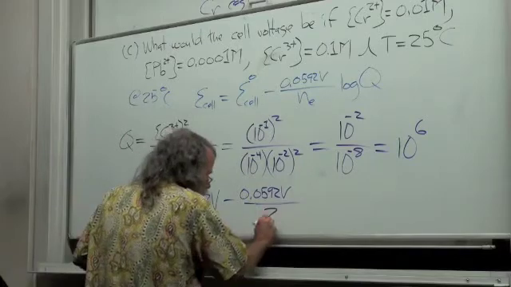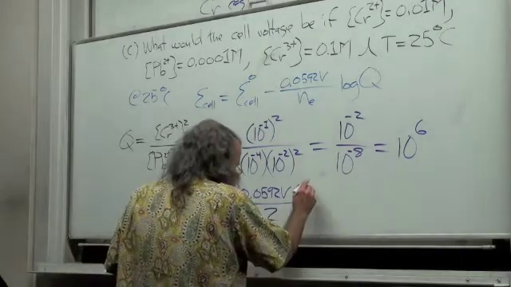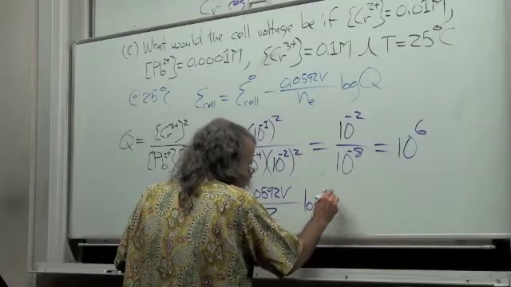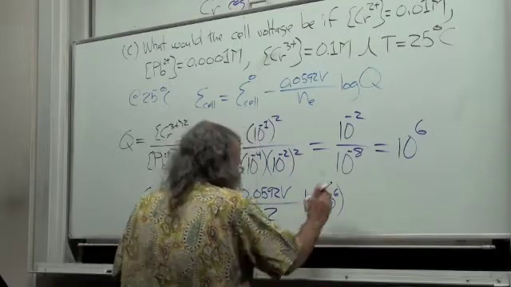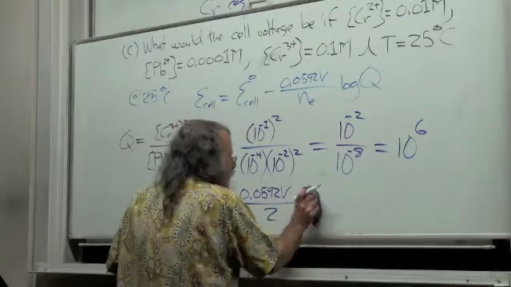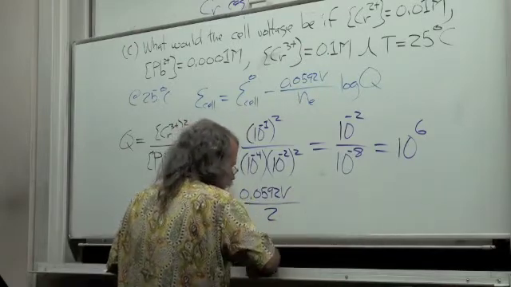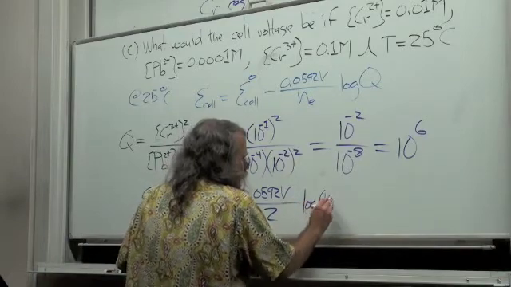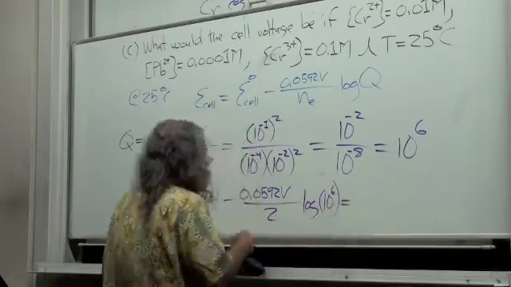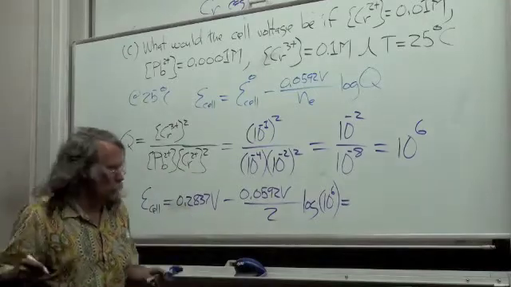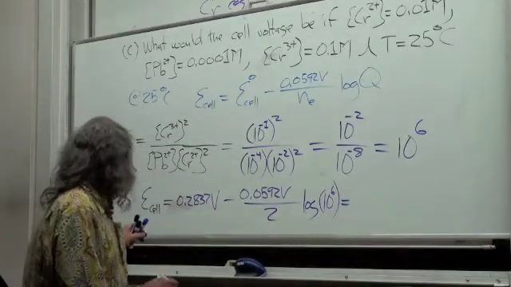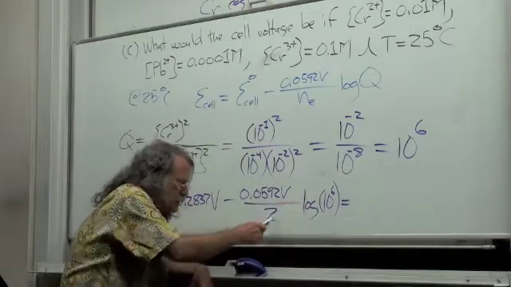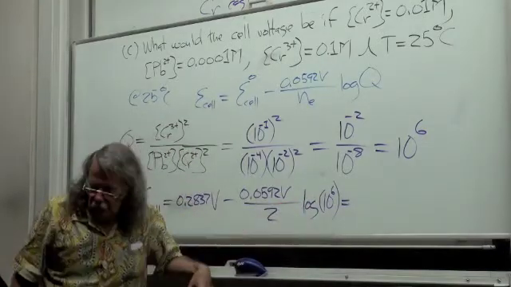Divided by 2, and that is times the log of 10 to the 6th, which is, well, let's include that. So we can write it out one more time. Okay. So, although this is going to be 6, 6 divided by 2 is what?